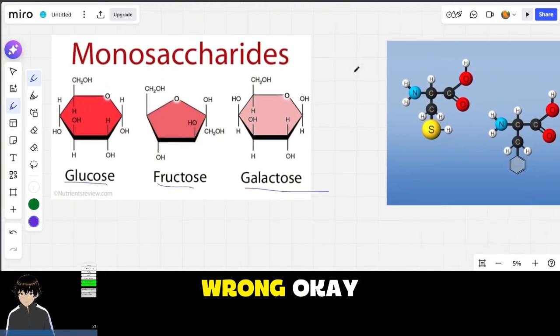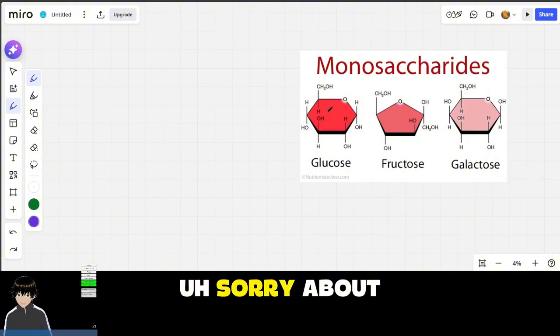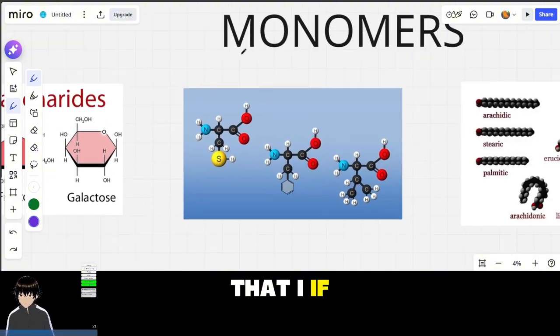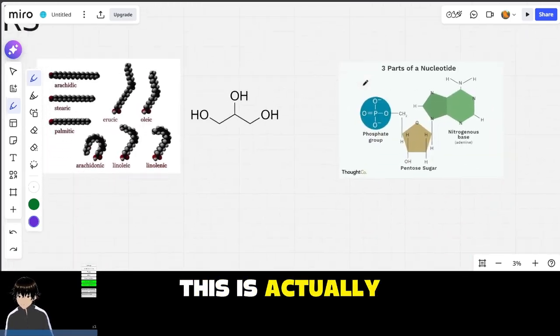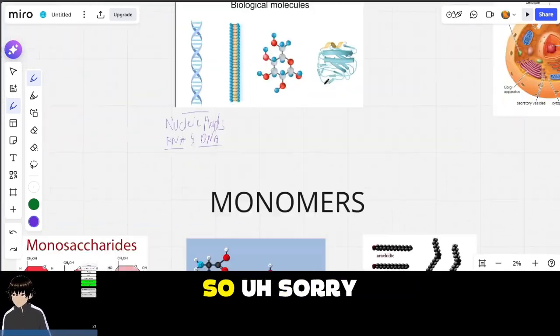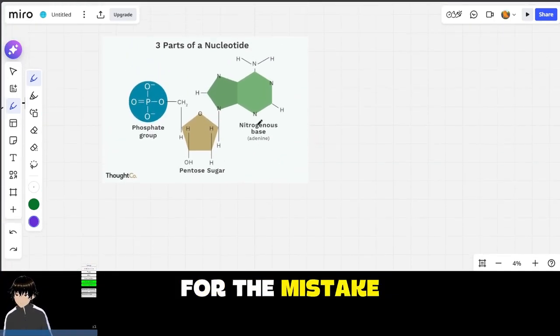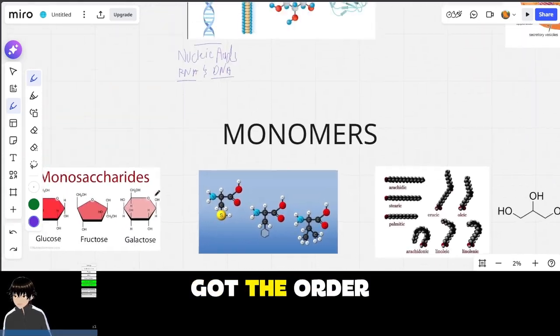That was actually wrong. Sorry about that. I didn't check the order, but this is actually the building block of nucleic acids. Okay, so sorry for the mistake. I kind of got the order wrong.